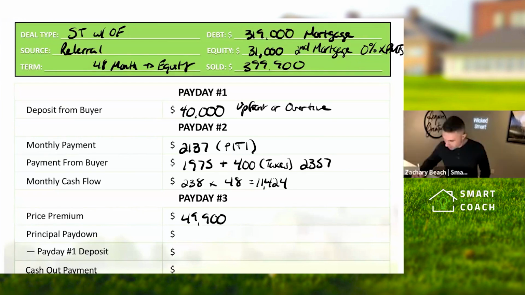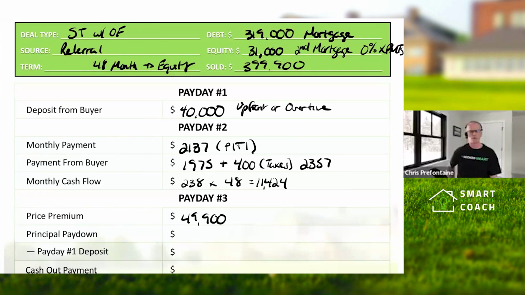Principal pay down on this? $31,200. And again, for the calculations, guys, because I want to make sure you piece this all together and make sure you're not having any gaps. The calculation to get to that is simply, we took today's monthly payment and the principal pay down in it. So there's a principal pay down portion of the $2137. Obviously, like any other loan, that increases every month, but we're not going to sit there and calculate that. So we just went with the lowest number today. And that comes to $31,200 over 48 months.